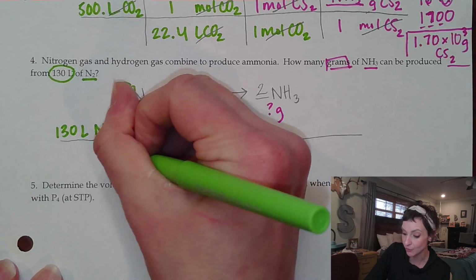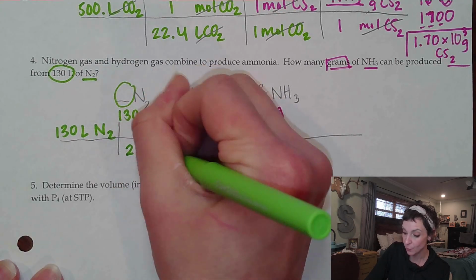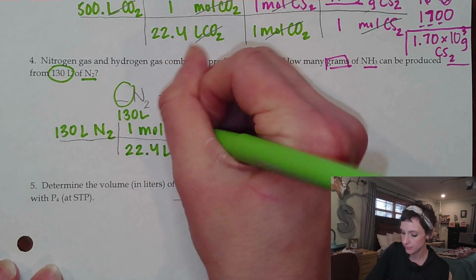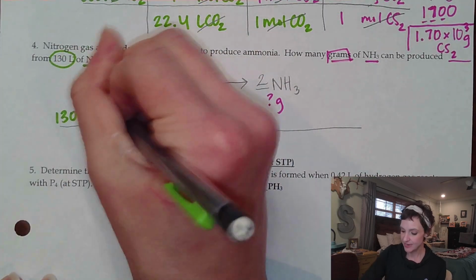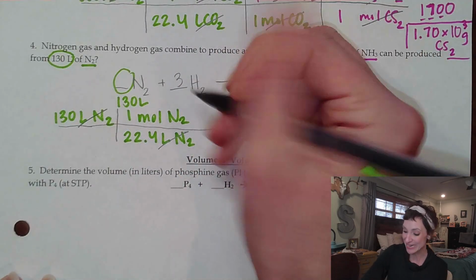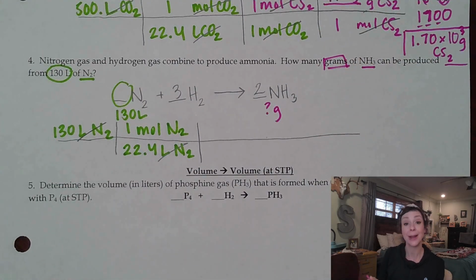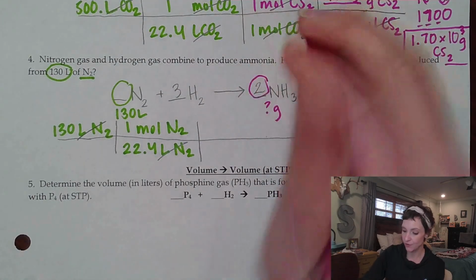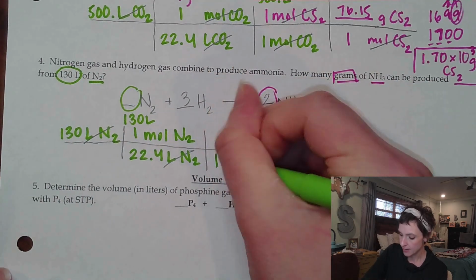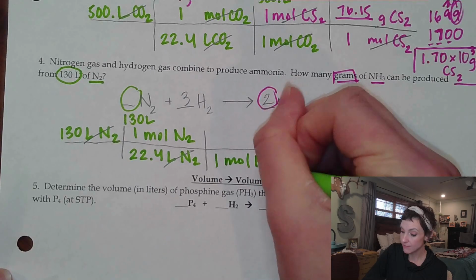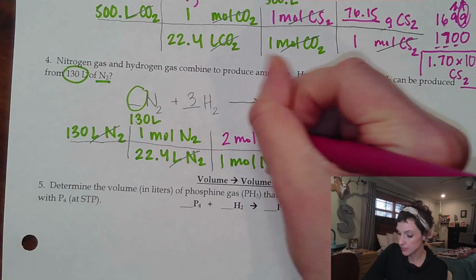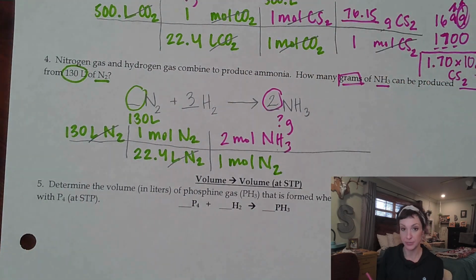It is the molar volume of 22.4 liters is equal to 1 mole of N2. So we've done that. That gets us from here to here, which means my next step is to use my mole ratio, which are the coefficients between those two guys, right? So we know that for 1 mole of nitrogen, there will be 2 moles of ammonia produced.